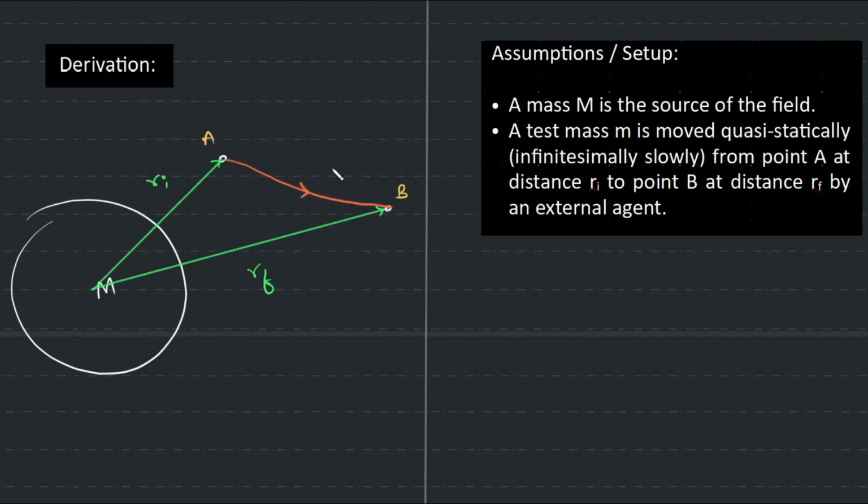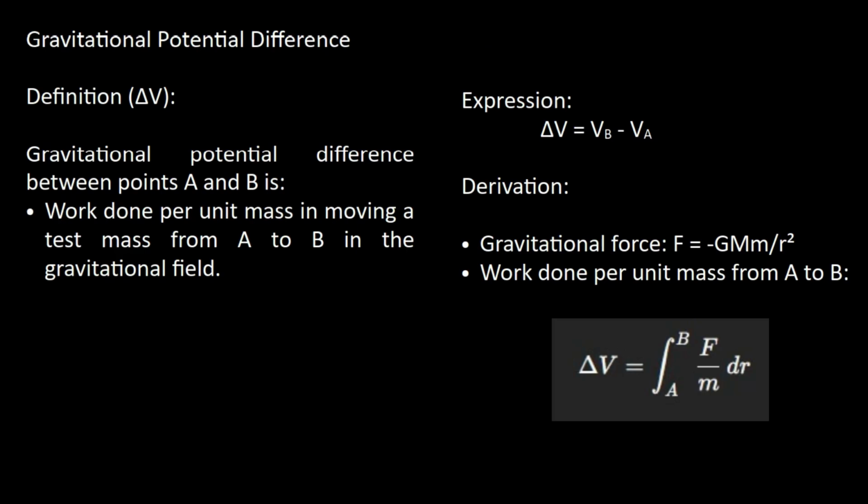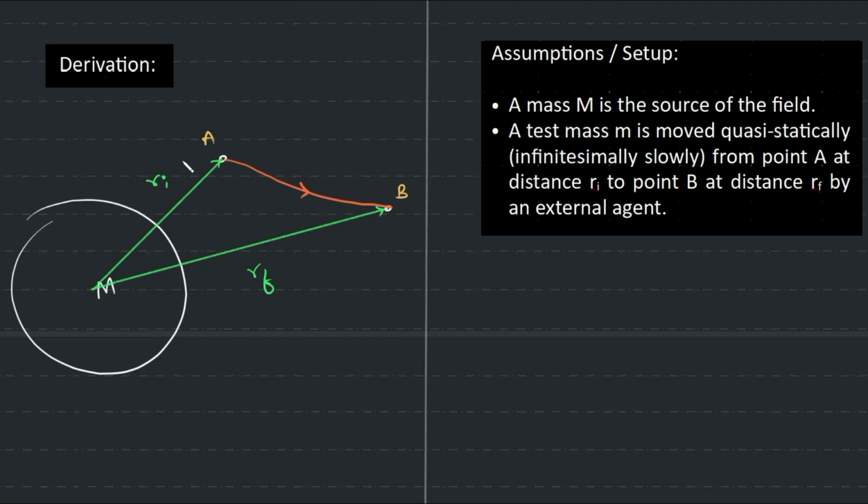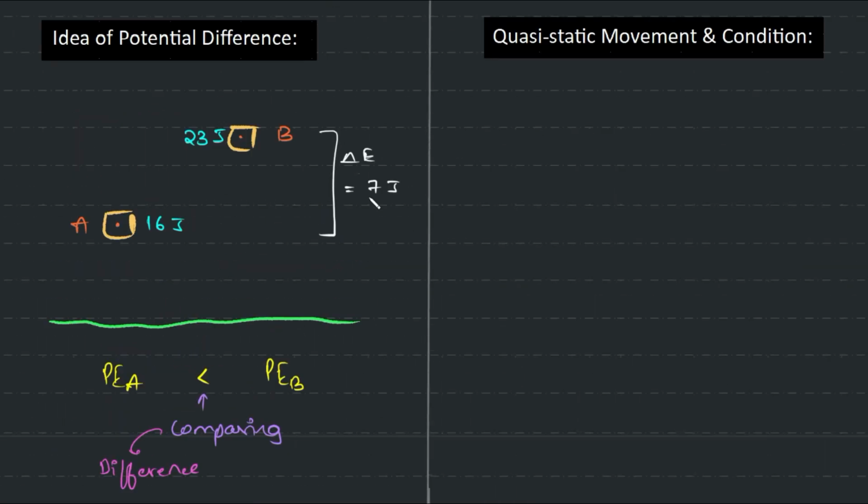We actually do the work and move an object from point A to point B. That object's mass has to be 1 unit actually. That's the definition of potential difference. But anyways, we'll just make use of some object whose mass is m. So we are moving an object of mass m from point A to point B, trying to figure out the work, and post that we will figure out the potential difference between A and B. Again, it's a very simple concept. Potential difference is the difference in energy between the two given points.